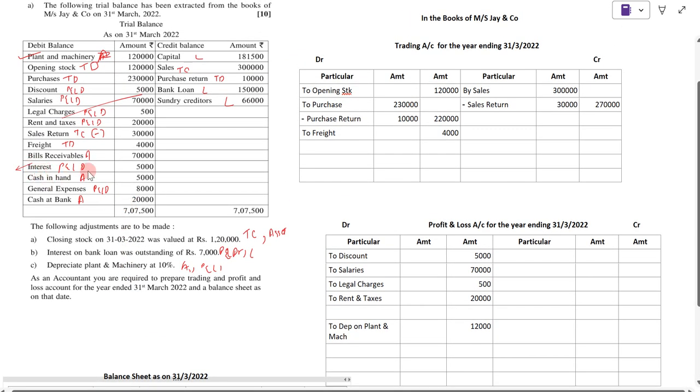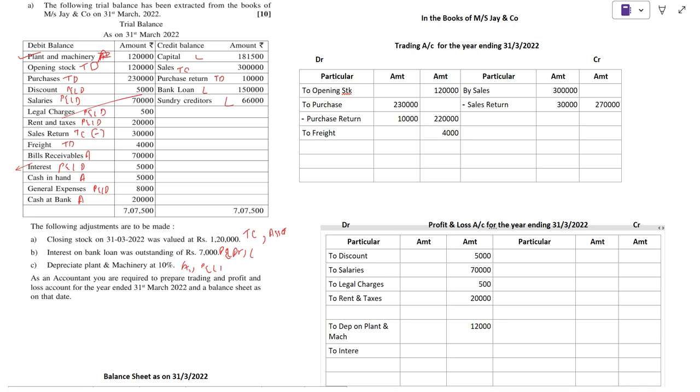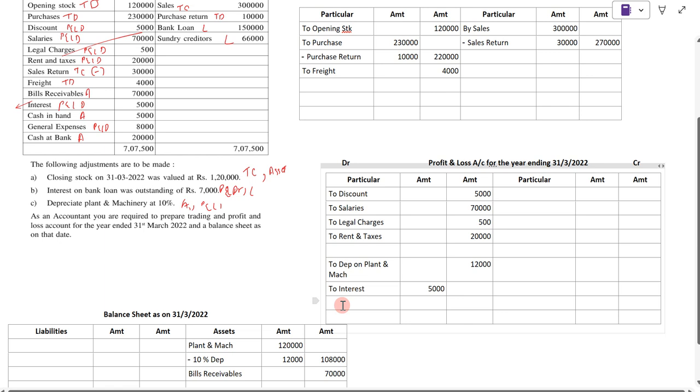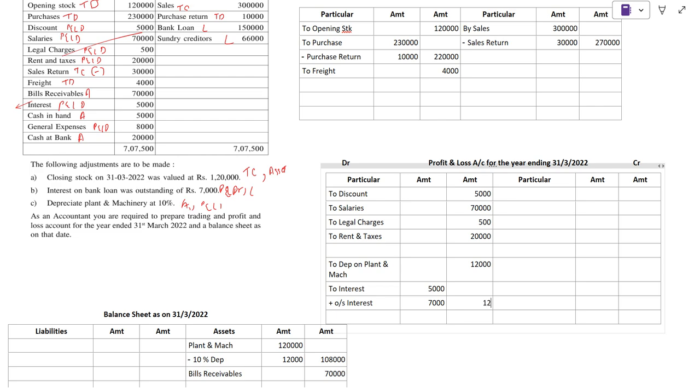Then interest. On interest we have an adjustment: interest in P&L account, to interest 5,000. On interest we have outstanding interest, so add outstanding interest, that is 7,000. In the outer column, 12,000.